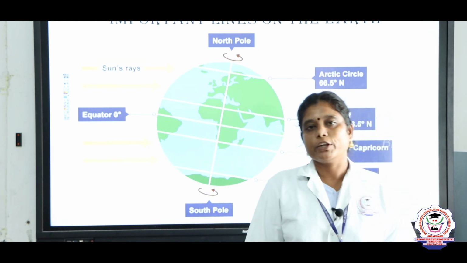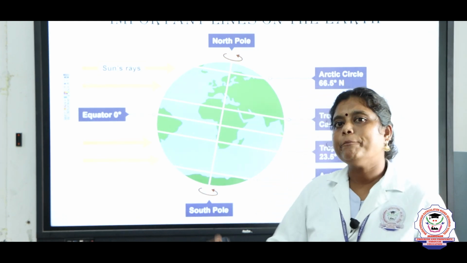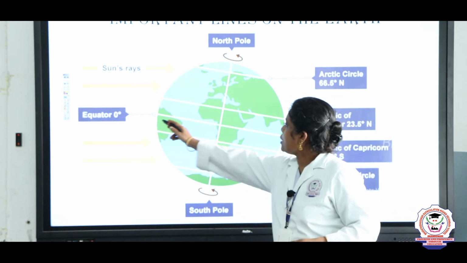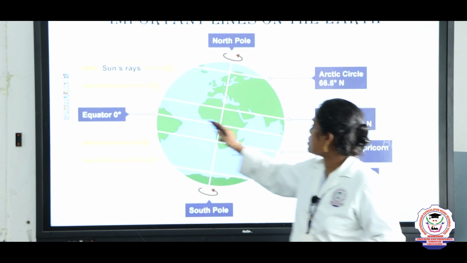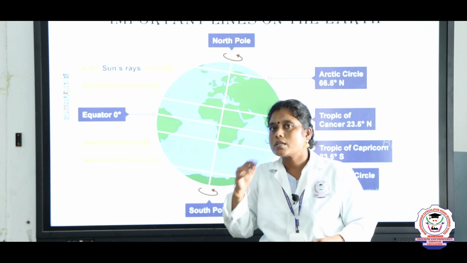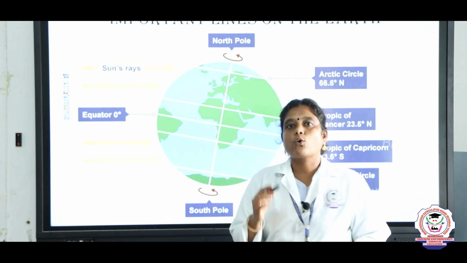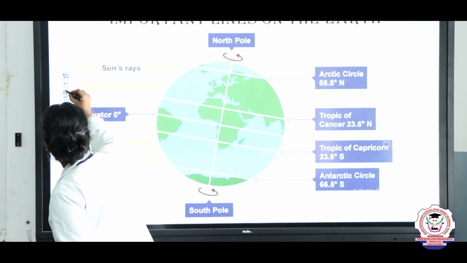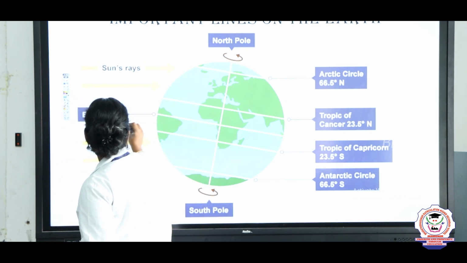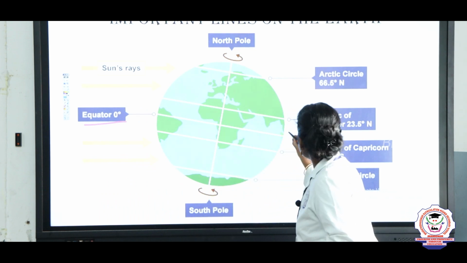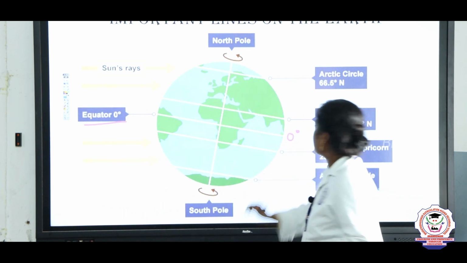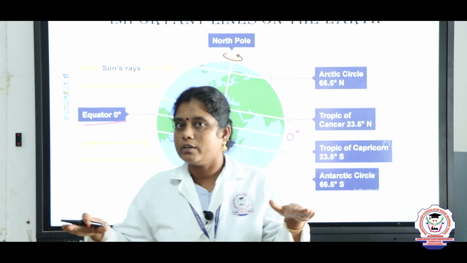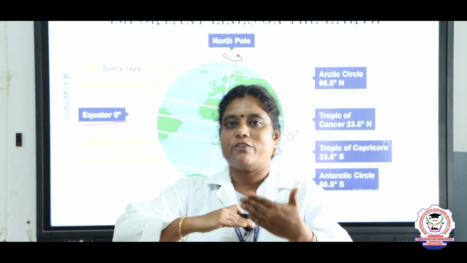Important lines on the earth. A few important lines on the earth. Shall we see? The 0 degree. This is known, children, as 0 degree. This 0 degree is known as the equator. The equator divides our earth into two equal parts.